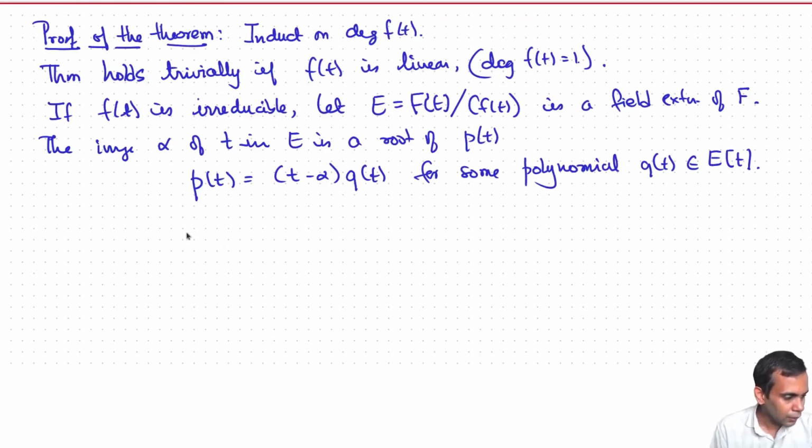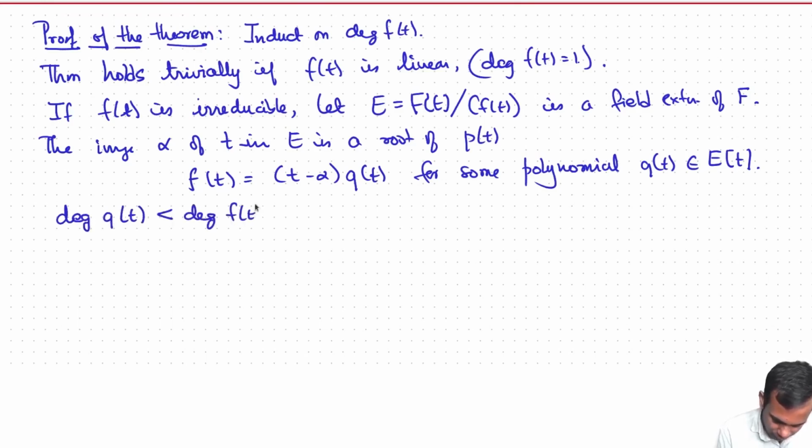Okay, so this is the form of f(t). And now what we can do is we have the degree of q(t) is strictly less than the degree of f(t).